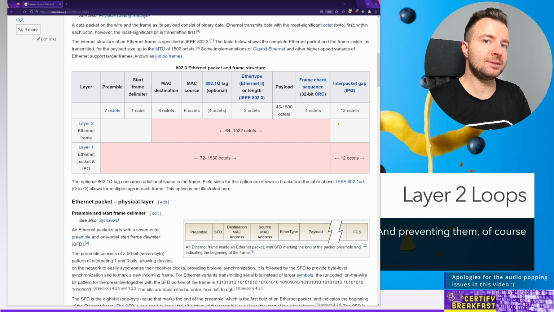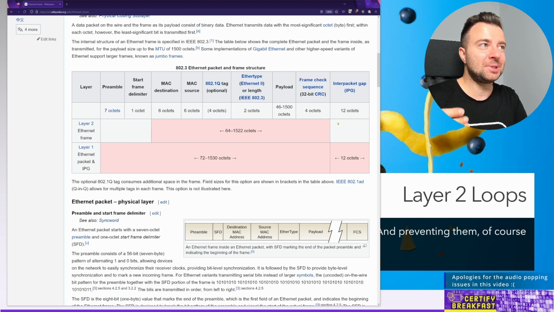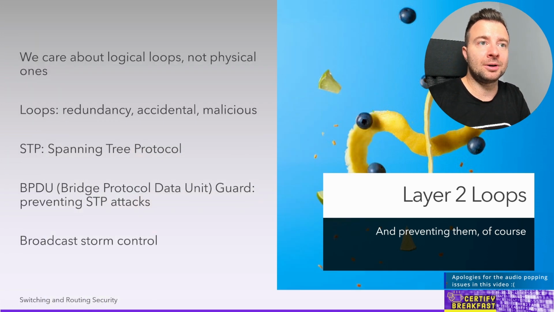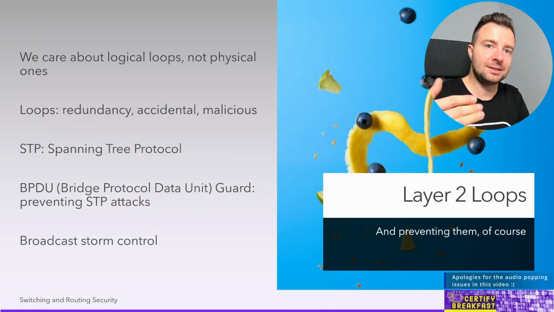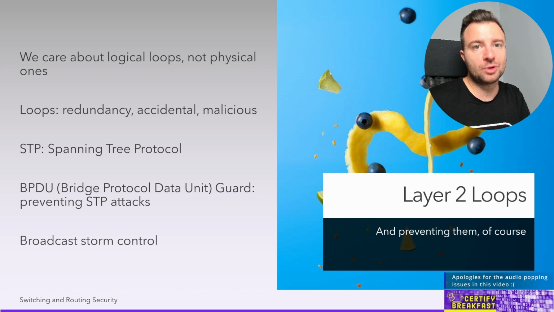So if it just happens that due to a faulty design, our frames start cycling around indefinitely inside of our network, they're going to keep doing this forever unless we actually pull the plug on a network cable or on the actual power of a switch. So there's no loop prevention mechanism built into layer 2 frames, which means that we need to rely on protocols that ensure that these logical loops, when they happen, don't break the network.